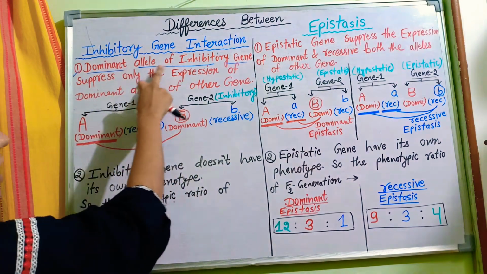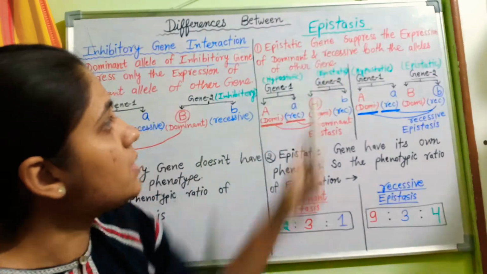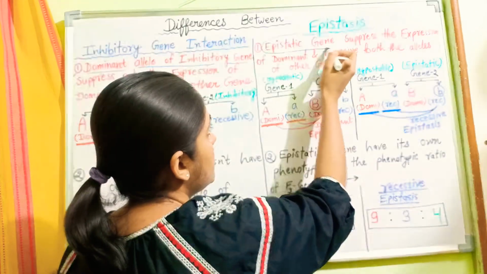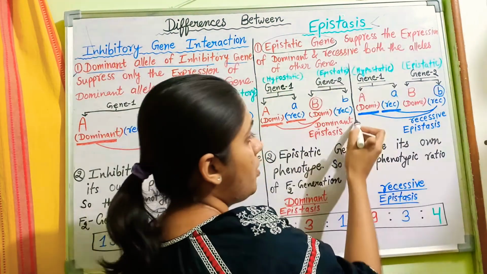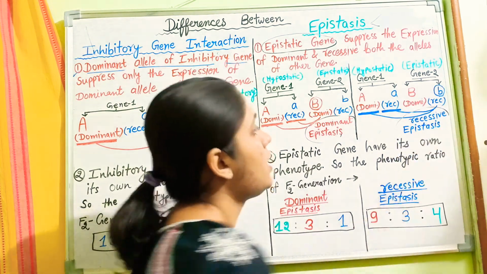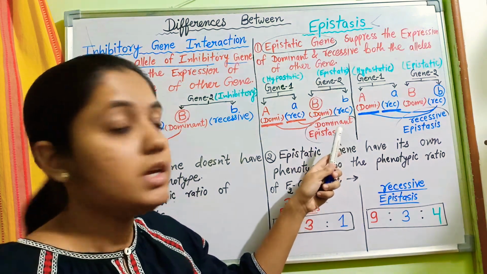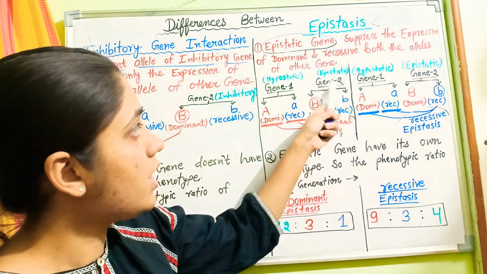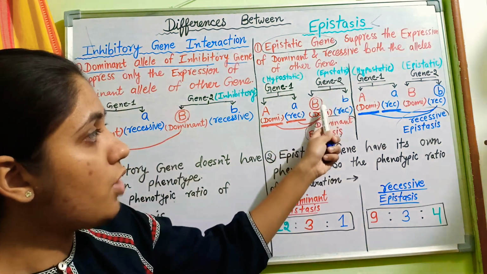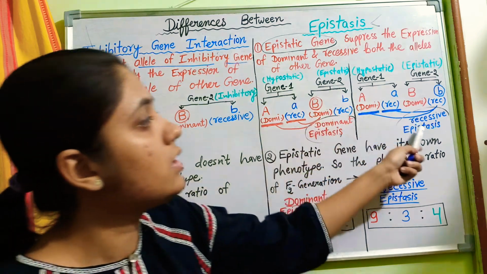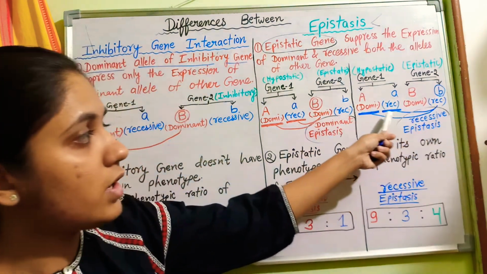So the dominant allele of the inhibitory gene is involved, but in epistasis the epistatic gene is completely doing the work of suppression. You know epistasis is of two types, dominant epistasis and recessive epistasis. In dominant epistasis, the dominant allele of the epistatic gene does the suppression; here gene 2 is the epistatic gene and gene 1 is the hypostatic gene. In recessive epistasis, the recessive allele of gene 2 does the suppression.